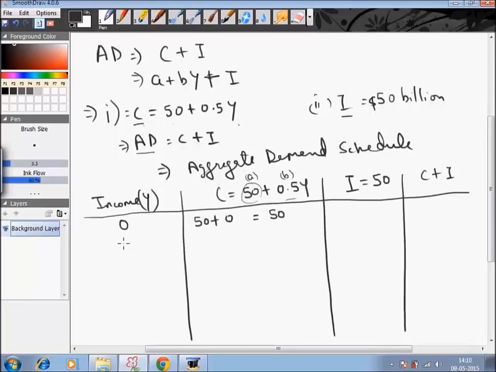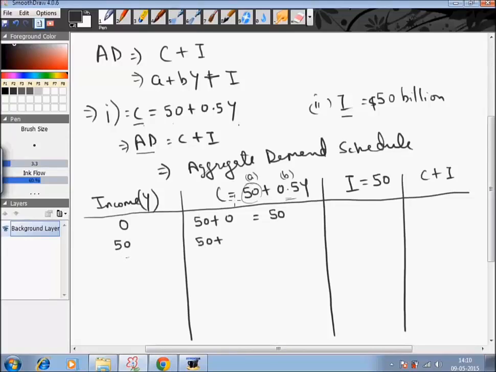Now suppose the income increases to 50, then what will be the value of C? 50 plus 50 into 0.5. We have assumed the value of Y to be 50.